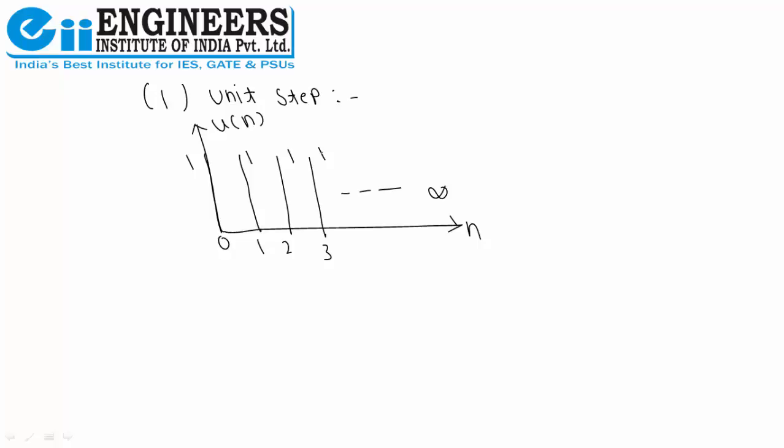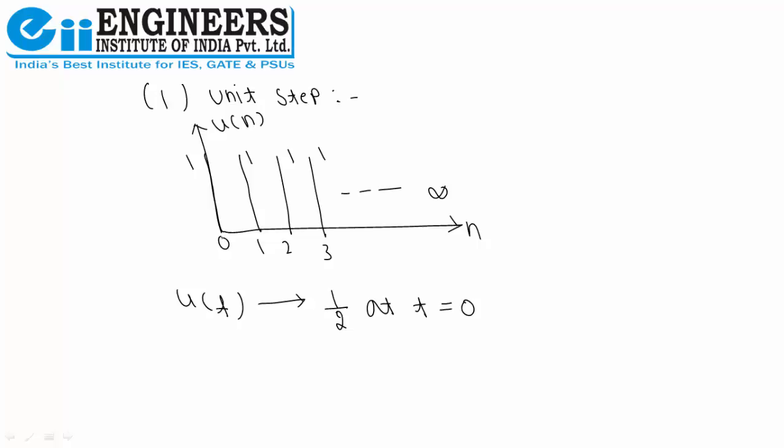Now why did I tell you that the step signal in discrete time is not a sampled version of the continuous time step signal? Because if you remember the first lecture, I told you that u(t), the step signal in continuous time domain, is 1 by 2 at t is equal to 0. It is discontinuous at t is equal to 0, but that is not the case here.